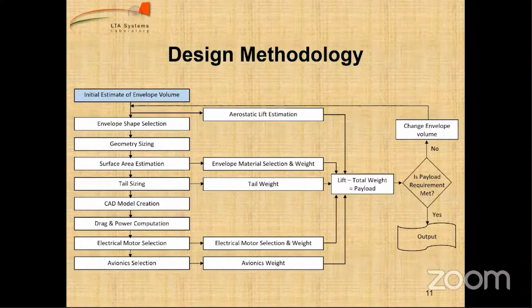Volume is decided as we are taking the actual shape of the airship, the ellipsoid one. So firstly, we assume a length of the airship. On the basis of that length, we initially estimate envelope volume, correct? So can someone tell me how can we guess the envelope length?